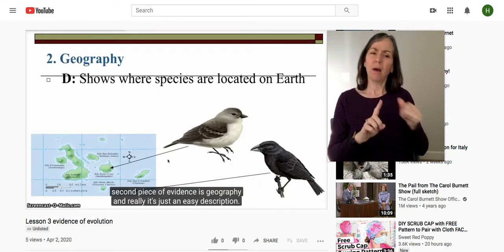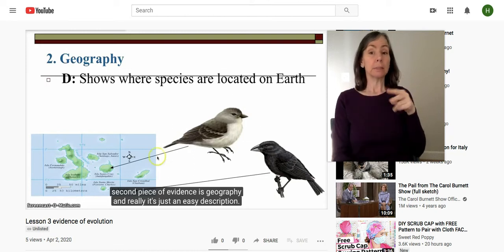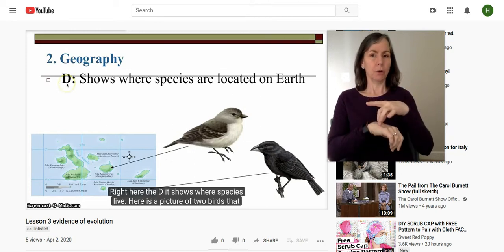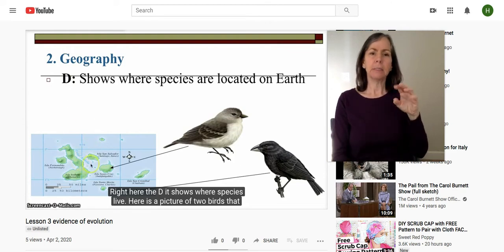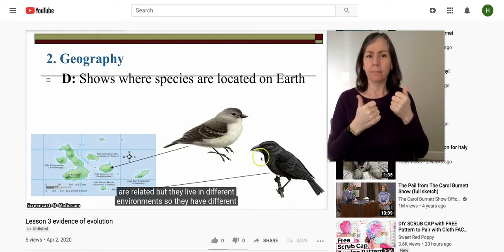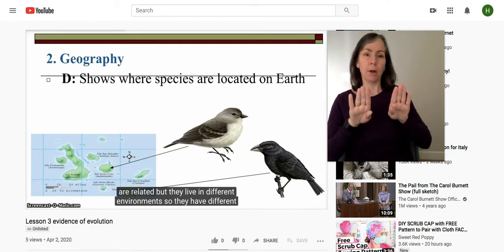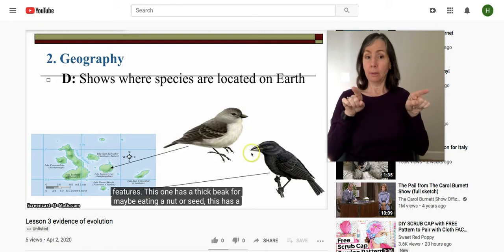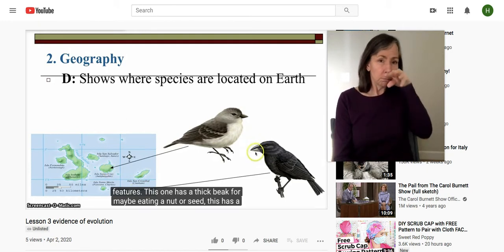The second piece of evidence is geography. And really, it's just an easy description right here. It shows where species live. Here is a picture of two birds that are related, but they live in different environments, so they have different features. This one has a thick beak for maybe eating a nut or seed.